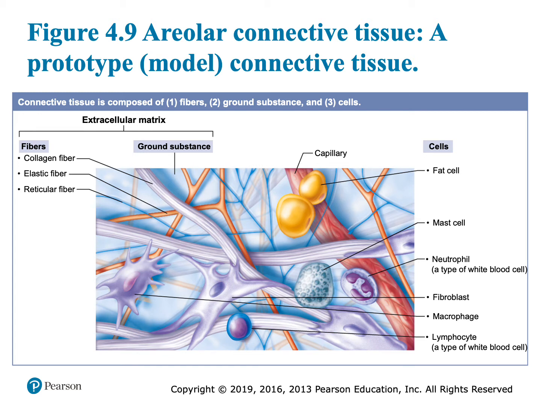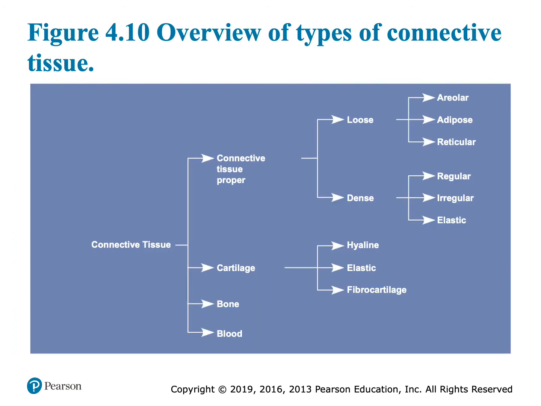Also, usually elastic fibers are going to stain black. Collagen fibers are going to stain pink. This is showing the setup of different kinds of connective tissue. So connective tissue proper, we're going to have some loose kinds and some dense kinds.